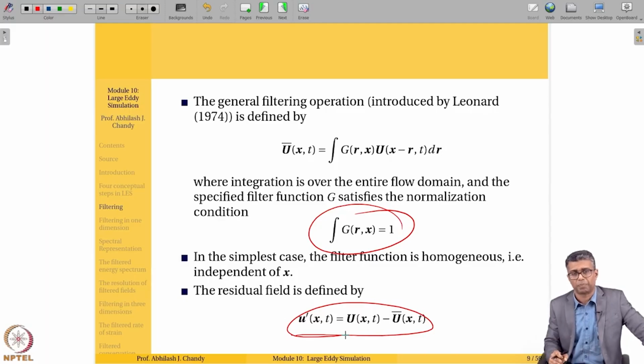Now notice here, unlike the decomposition that we had seen earlier for Reynolds decomposition, you have a 3D random, again seemingly random, 3D random velocity field U of x,t, isn't it? I am using the word random not to indicate that it is a randomly distributed variable. It is random in the sense that it is fluctuating.